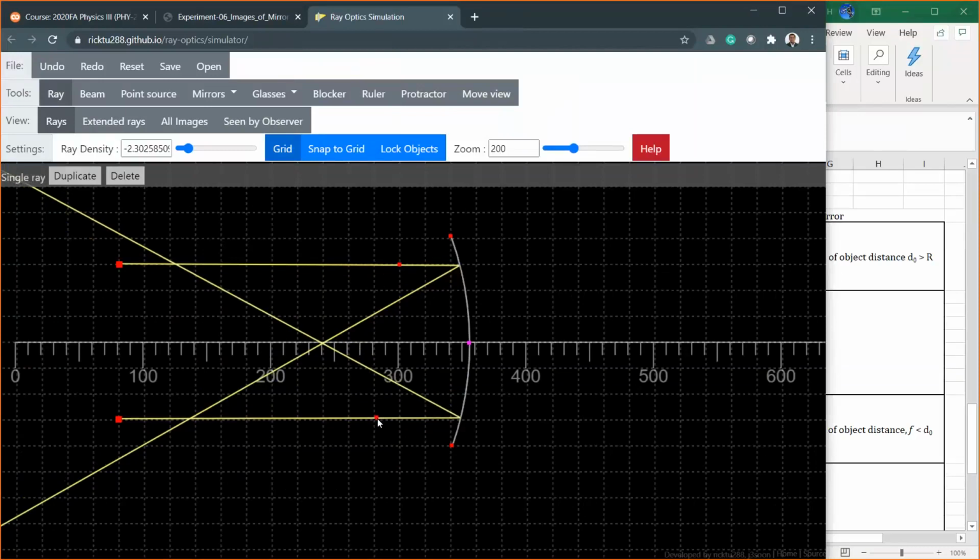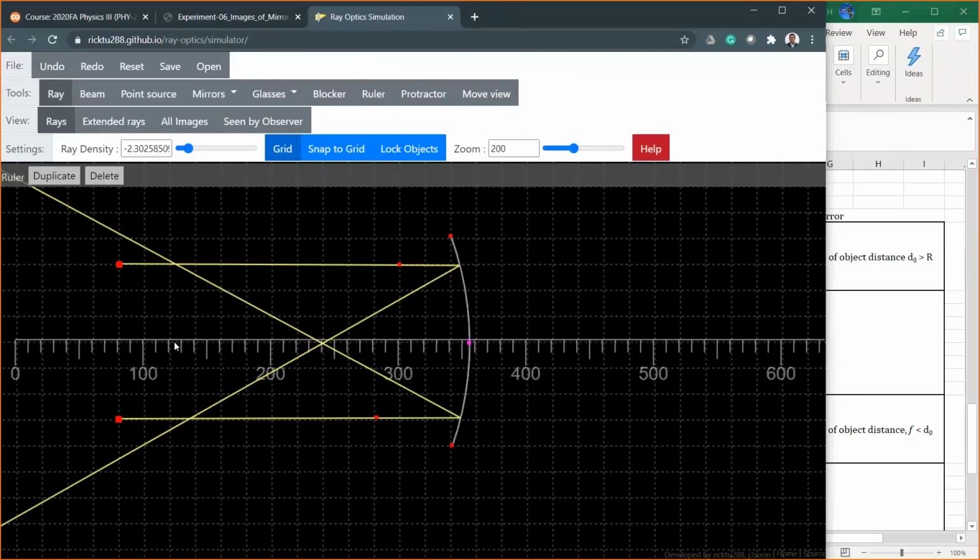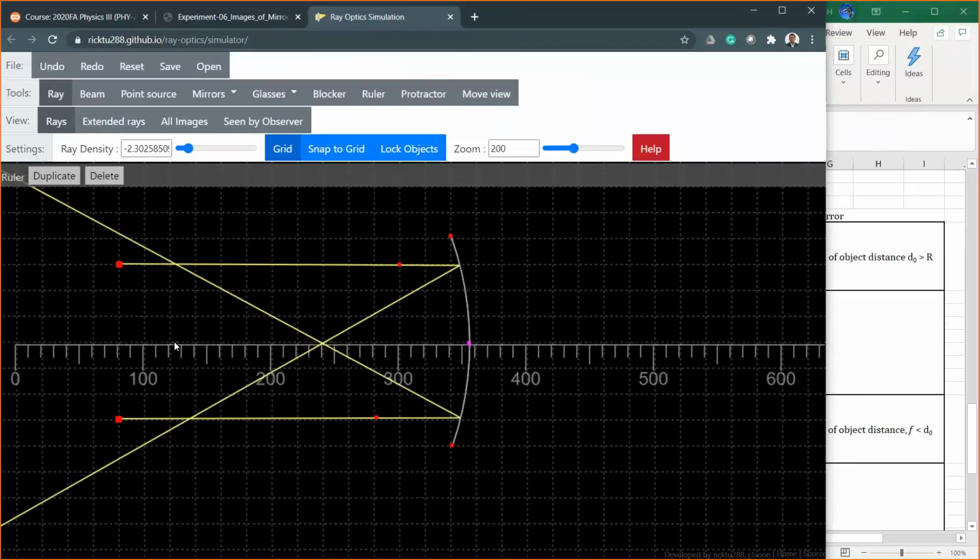The principal axis may have to move down a little bit. To move it, click anywhere on the principal axis right here, and then use the up and down arrows on the right hand side of your keyboard to move it. It should pass exactly through the middle of the pink dot. Since it is still a little bit off, I have to adjust a little bit more.